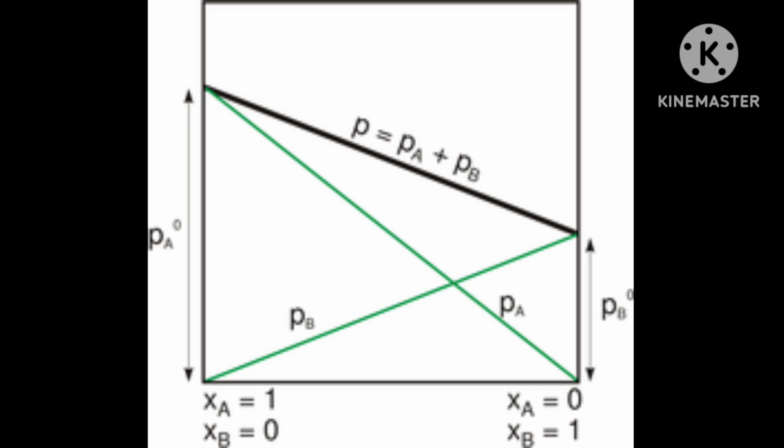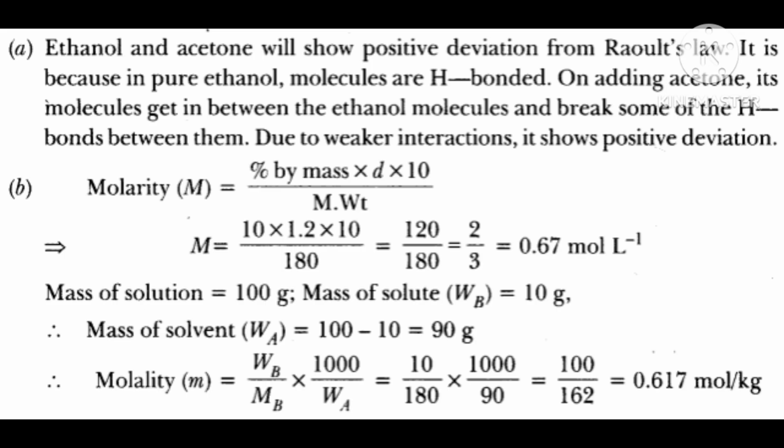Whenever you are solving numericals, first of all you convert it. They have given the mass of chloroform and the mass of dichloromethane in gram.